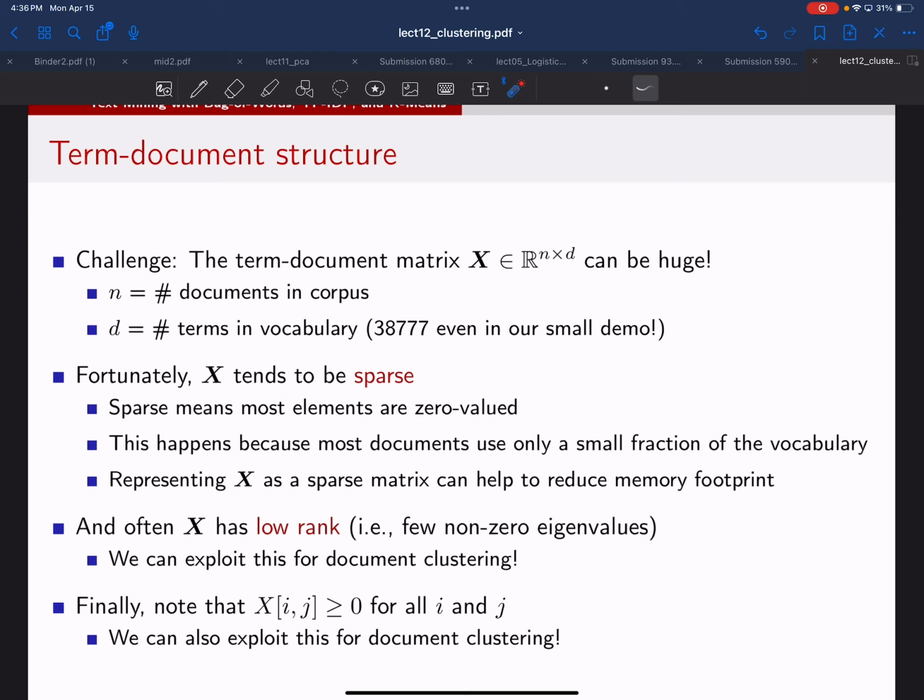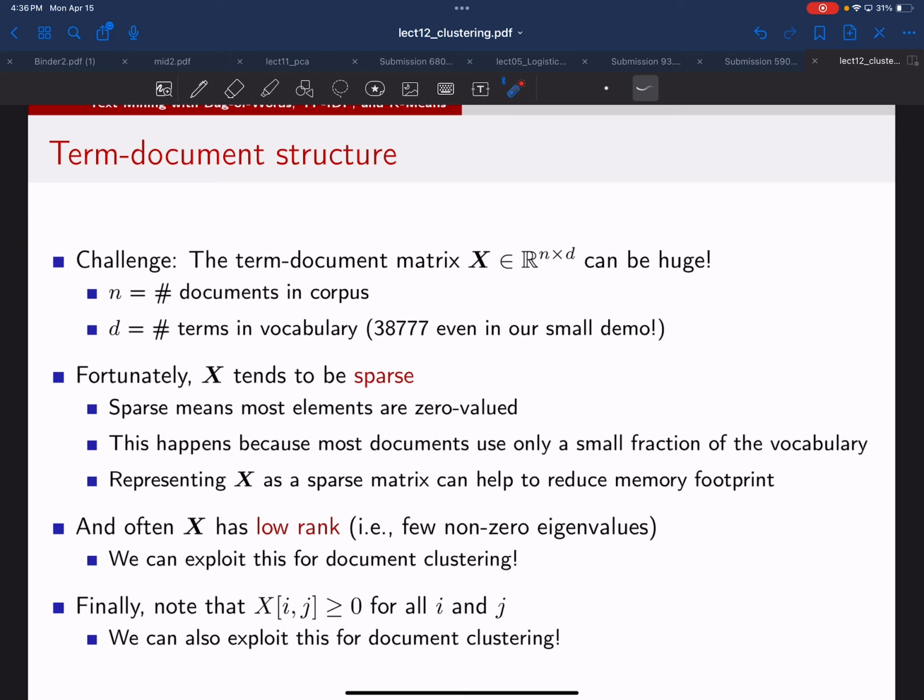Well, it turns out that most of the entries in that matrix are 0 because most of the documents don't have every term in your vocabulary. If we have 38,000 words, but only 3,300 documents, there's no way that all these could appear in every document.